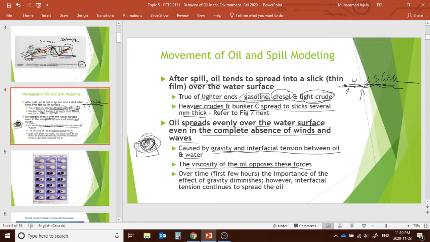Over the first few hours, the effect of gravity is higher, but after that the effect of gravity diminishes. Why is that? Because of how gravity actually works.